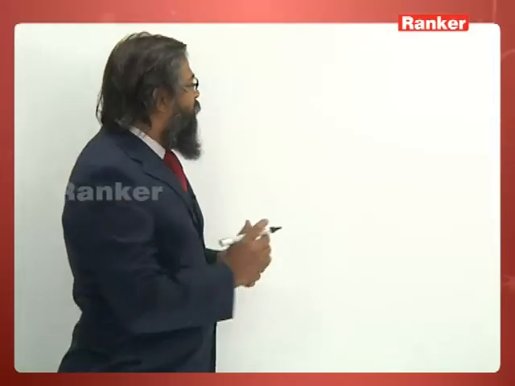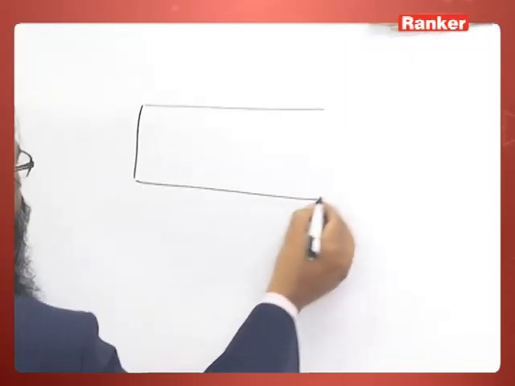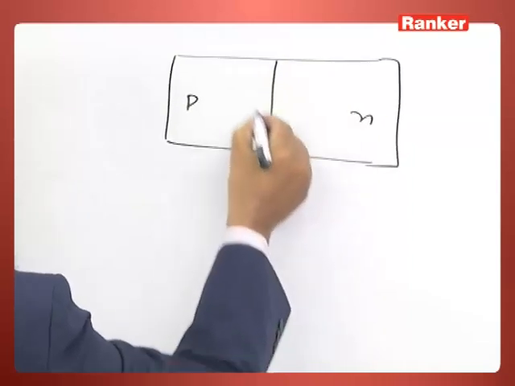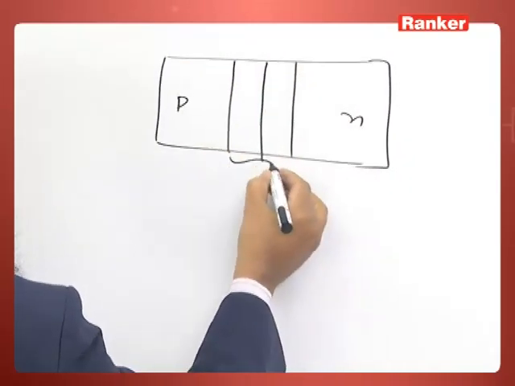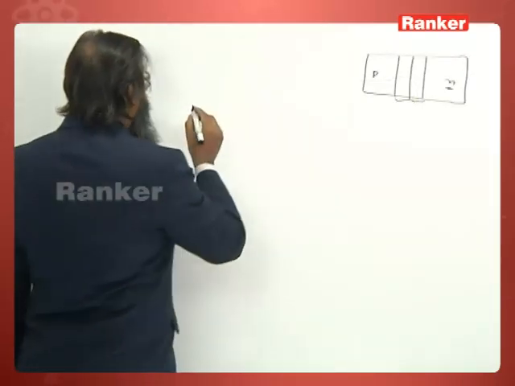Now, let us consider again this depletion layer and this N type photodiode.